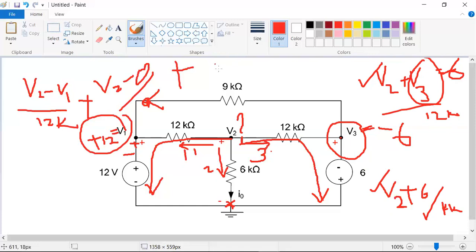V2 plus 6 by 12k is equal to 0. So this is the only unknown node voltage, V2. Already we know the known voltages V1, V3, but only one voltage is pending, that is V2.